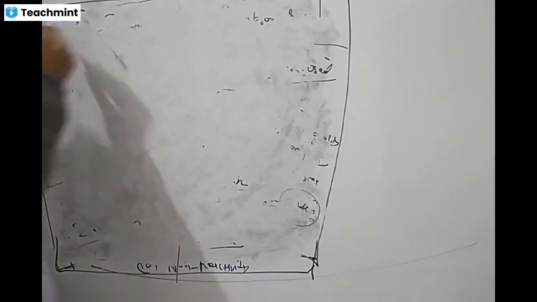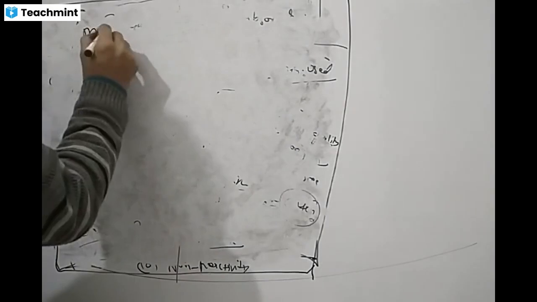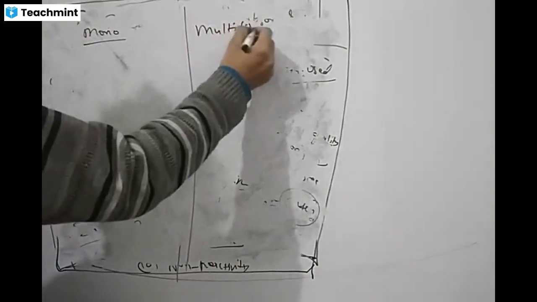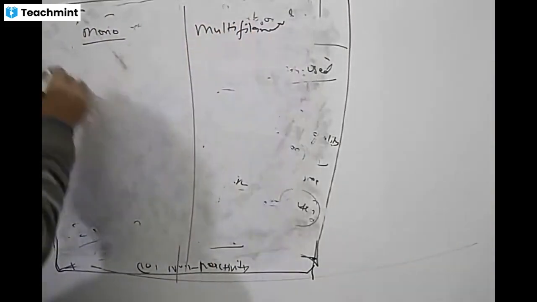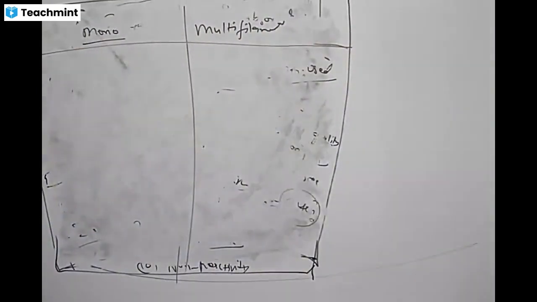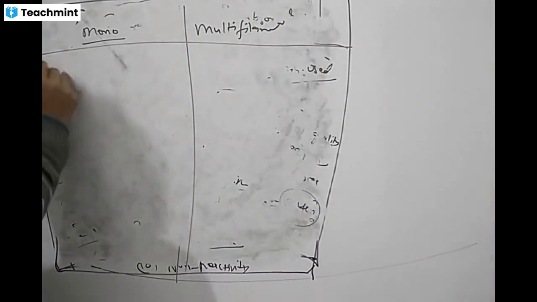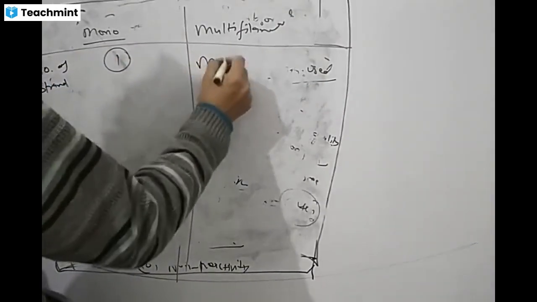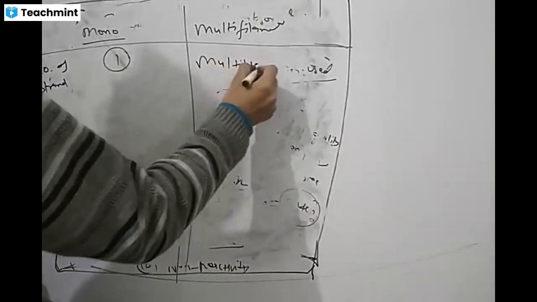And the second is based on structure, monofilament versus multifilament. In case of monofilament, the first difference is the number of strands. Mono means one strand, and multi has multiple.